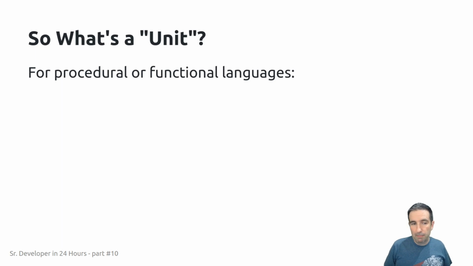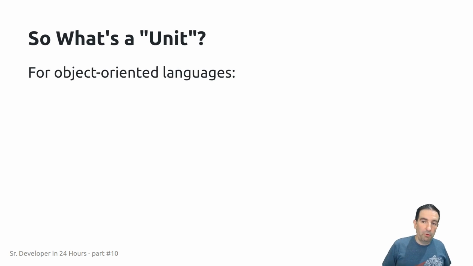So, if we have a procedural or functional language, it is fairly easy to define. It is basically a function or a method. When we're talking about object-oriented languages, it can be a little bit trickier to define what is the unit, what is that smallest unit of code that we can test independently.